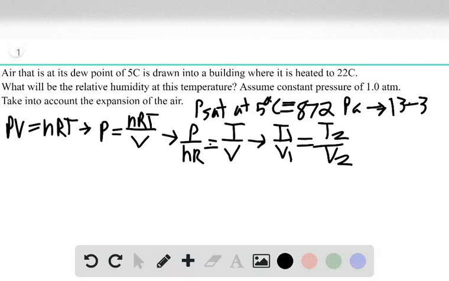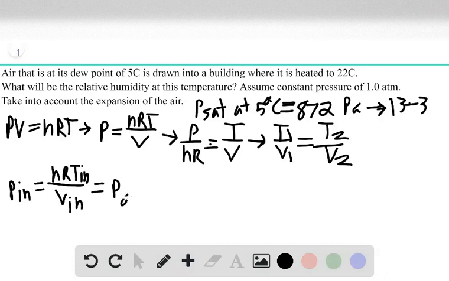So then we have pressure on the inside equal to nRT in over V in, which is going to equal pressure on the outside, which is equal to nRT out over V out.